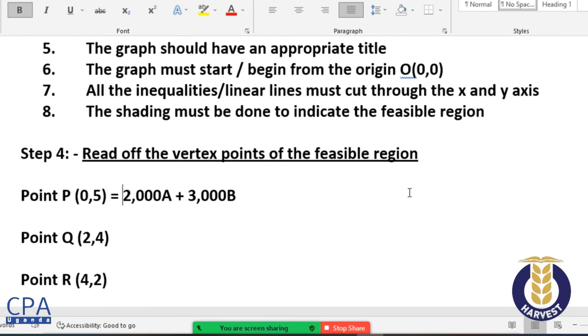Where we have A, we shall put a 0. Where we have B, we shall put a 5. So there we shall get the contribution at that point. Then next we go to point Q.